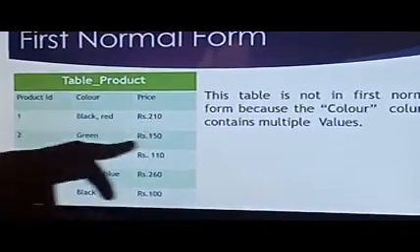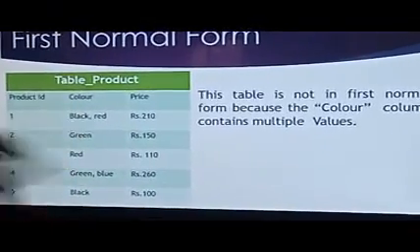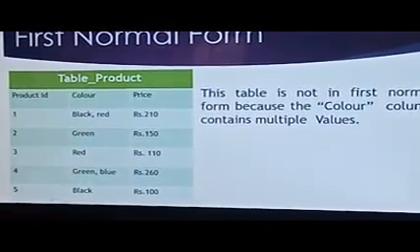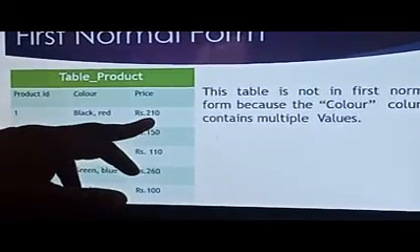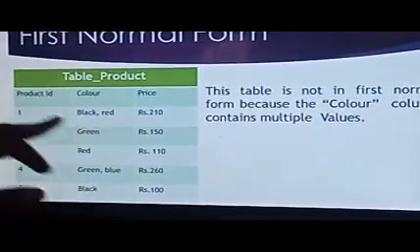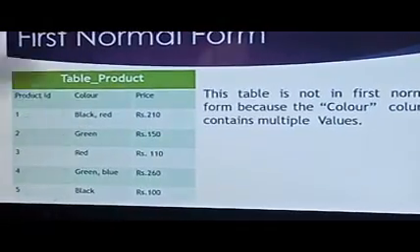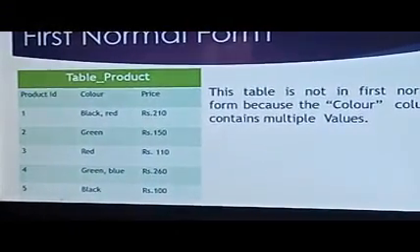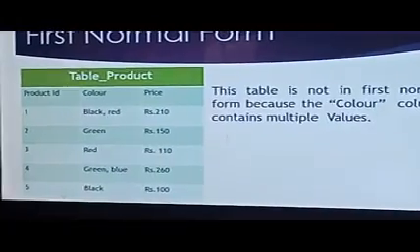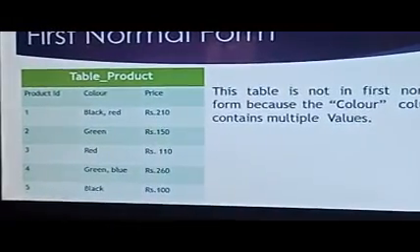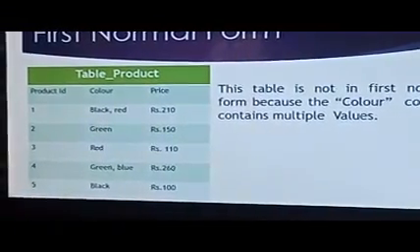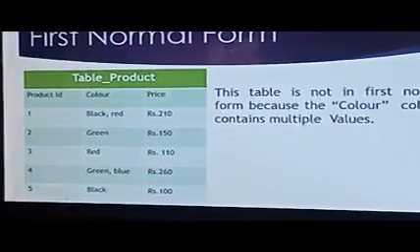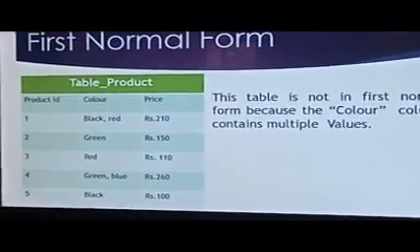So for all the black, red, green and red again, the common price is 210, but the product ID and color will be repeated every time. That gives you some inconvenience, as it takes more data to store the record. That can be reduced.